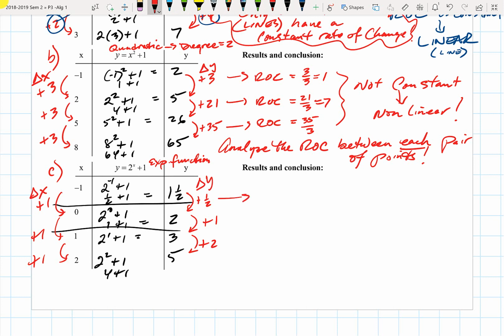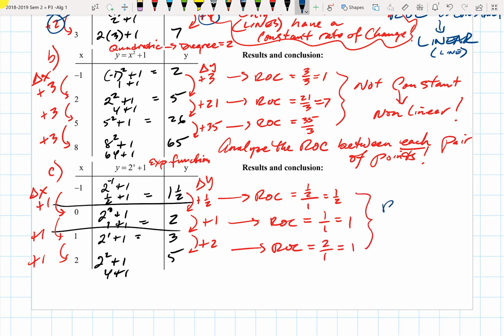What this tells me is that the rate of change is 1/2 divided by 1, which is 1/2. Here, the rate of change is 1 divided by 1, or 1. And here, the rate of change is 2 divided by 1, or 2. So because of this, the rate of change is not constant either.